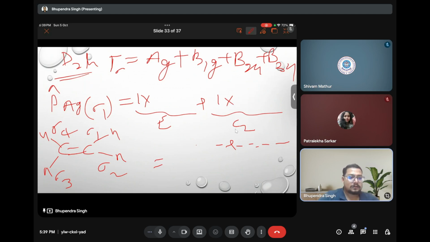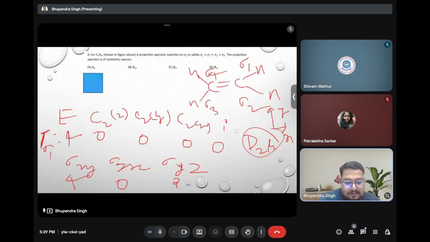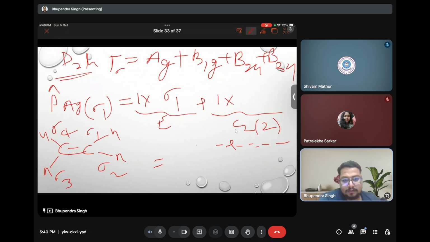Okay, what will happen? Tell me. For E, the sigma 1 will remain sigma 1 anyway. Sigma 2 will remain sigma 2. I have already told that this x and y is here and z is above the plane. So you already know the coordinates.